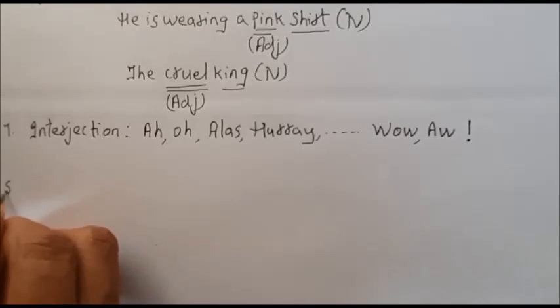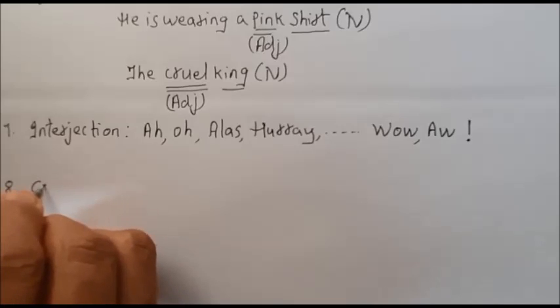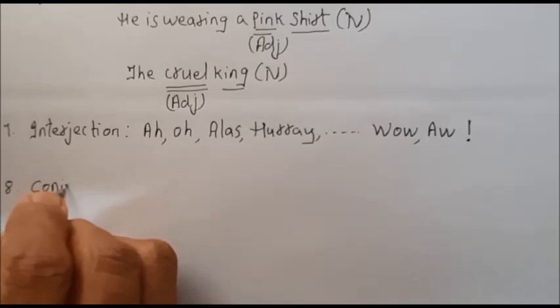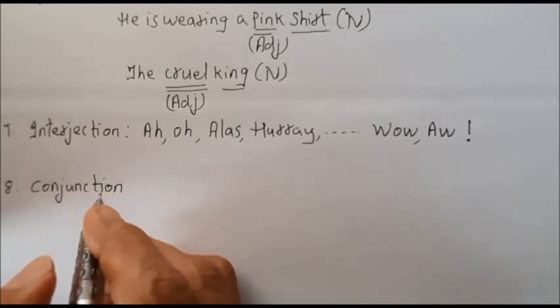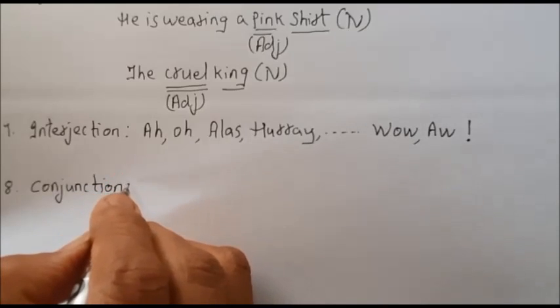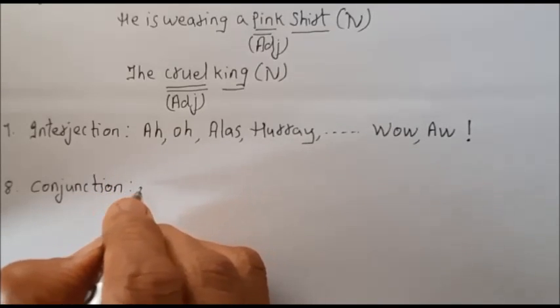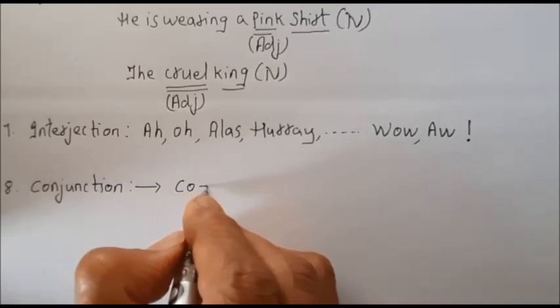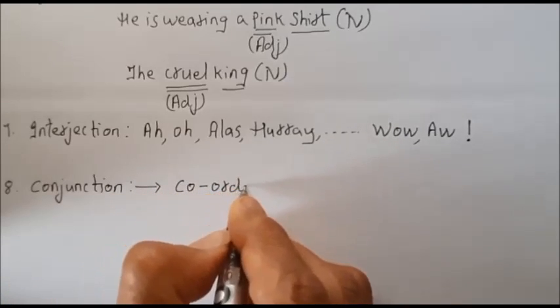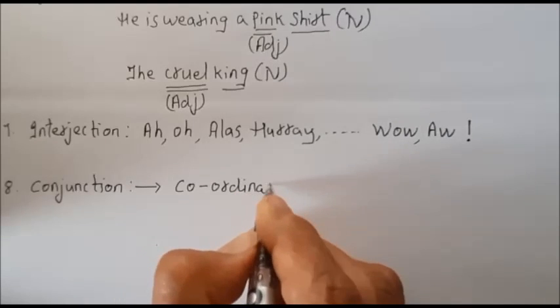And the eighth part is conjunction. And conjunction, again, let us take it over here as two types. That is coordinating, right? It is called coordinating conjunction.